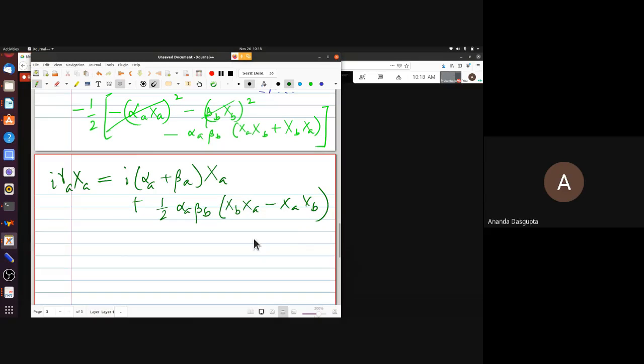So what does this tell you? This is up to quadratic order. This is exact. Of course, there are higher order corrections. But what this tells you is that whatever you have here has to be a linear combination of the x's. This term is already a linear combination of the x's.